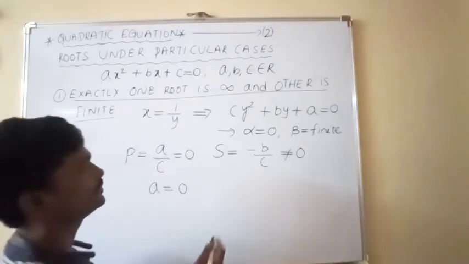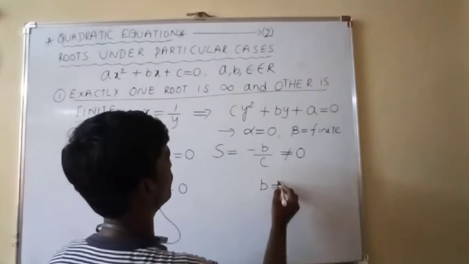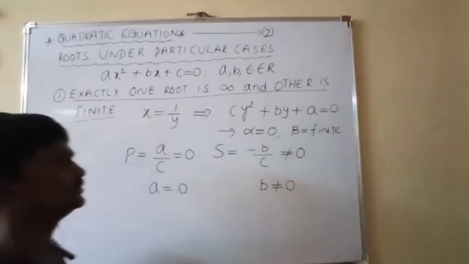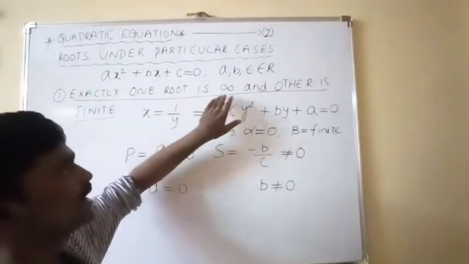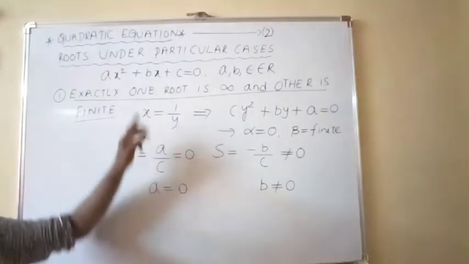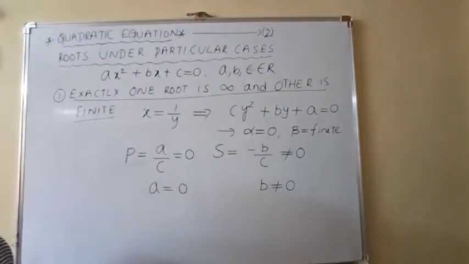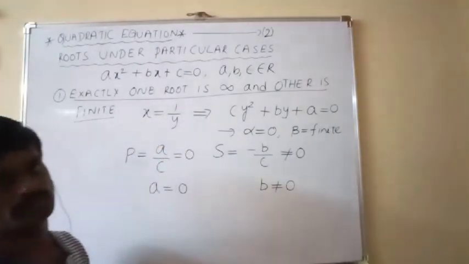So what can we conclude from this? The value of b is not equal to 0. So the condition for this quadratic equation to have one root infinity and the other root finite is that the coefficient of x square, a, is equal to 0 and the coefficient of x, b, is not equal to 0.